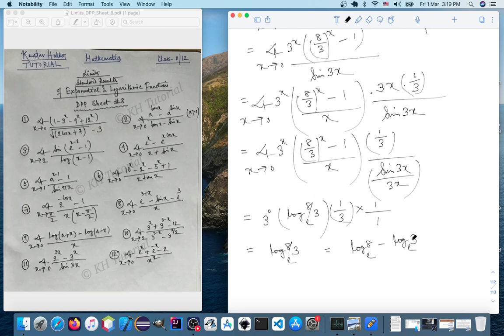So we are applying the formula. Log of a by b is log of a minus log b, and if we write 8 as 2 to the power 3, the power comes in the front.